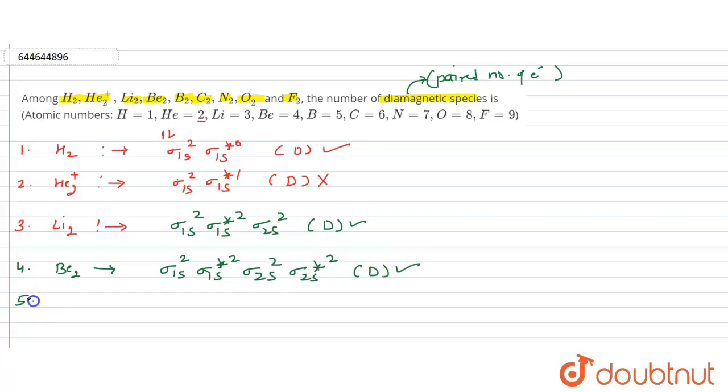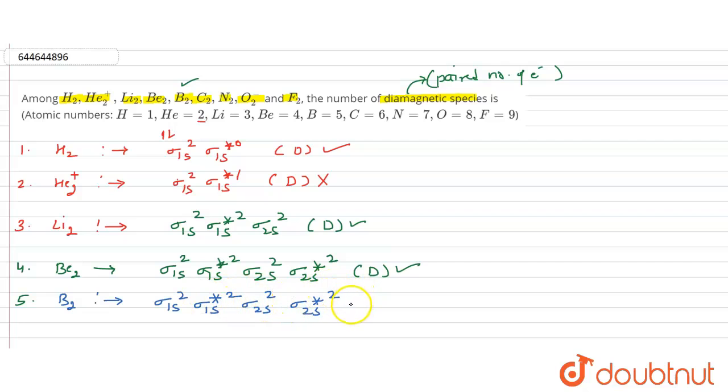Now come to the fifth one, B2, boron. For boron, B2, the atomic number is 5, so it becomes a total of 10 electrons. So I can write here sigma 1s2, sigma star 1s2, where star represents antibonding, and sigma 2s2 sigma 2s star 2. Now it becomes a total of 8 electrons, right?